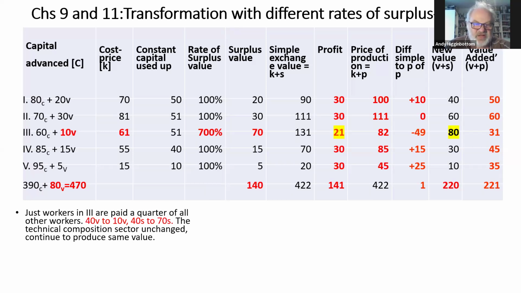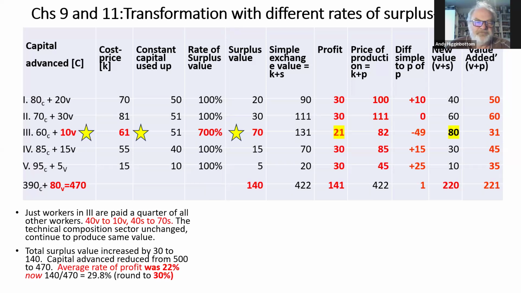So the total value produced by these workers was 40V plus 40S. It's now 10V plus 70S. So the total value produced is 80, but the degree of exploitation, or the rate of surplus value, of these workers specifically has catapulted up from 100% to 700%. So you can see that's the situation.